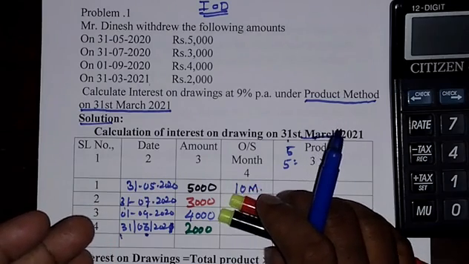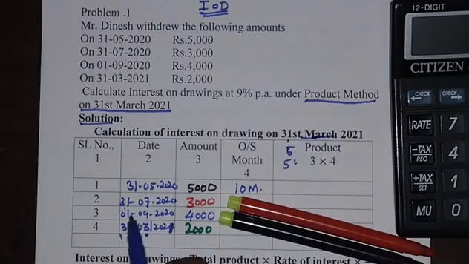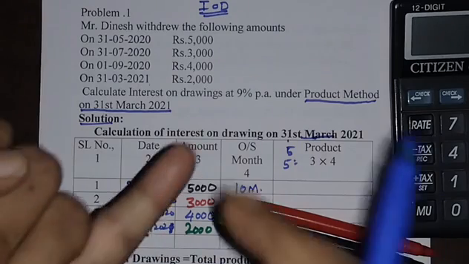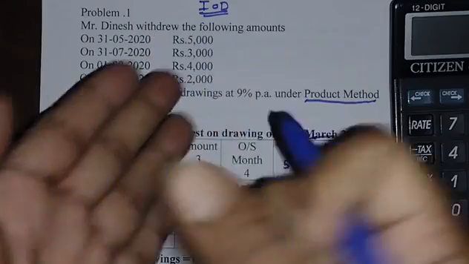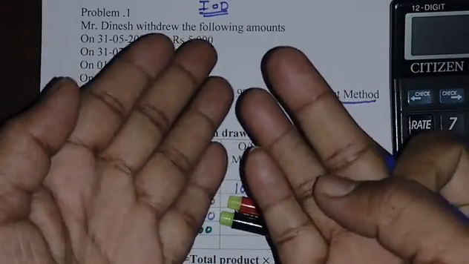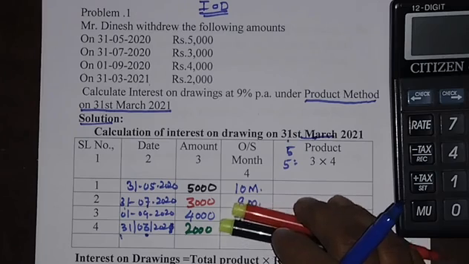Now you can see that I have written 10 months. Next, coming to 31/7. Again, July is over. You should count from August, September, October, November, December, January, February, March. We get 8 months. So for the second one you can see 8 months.